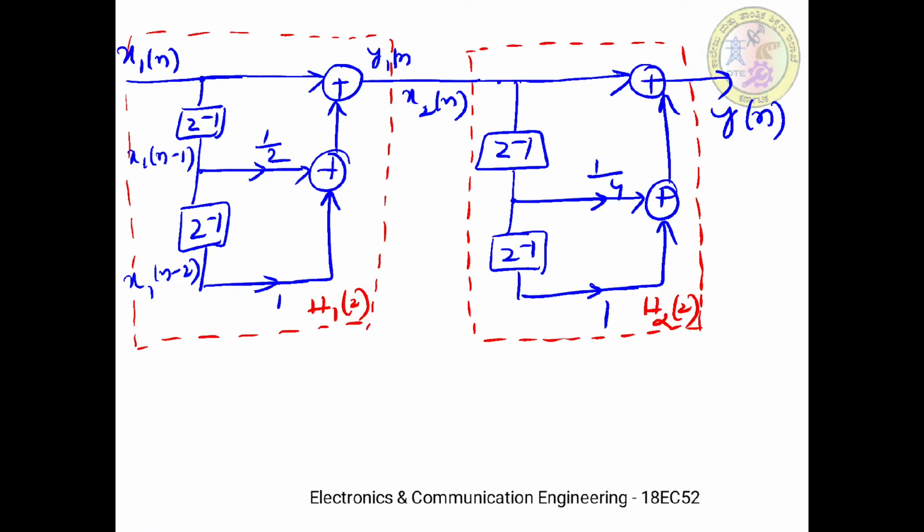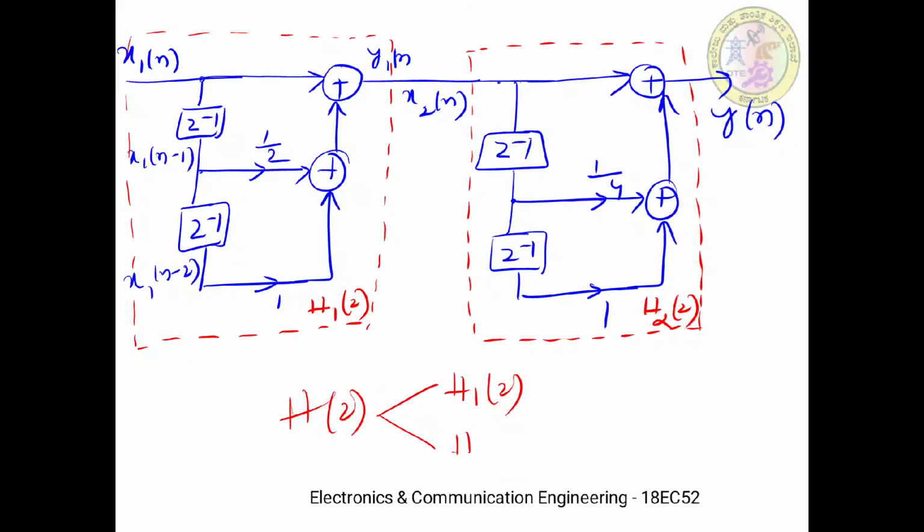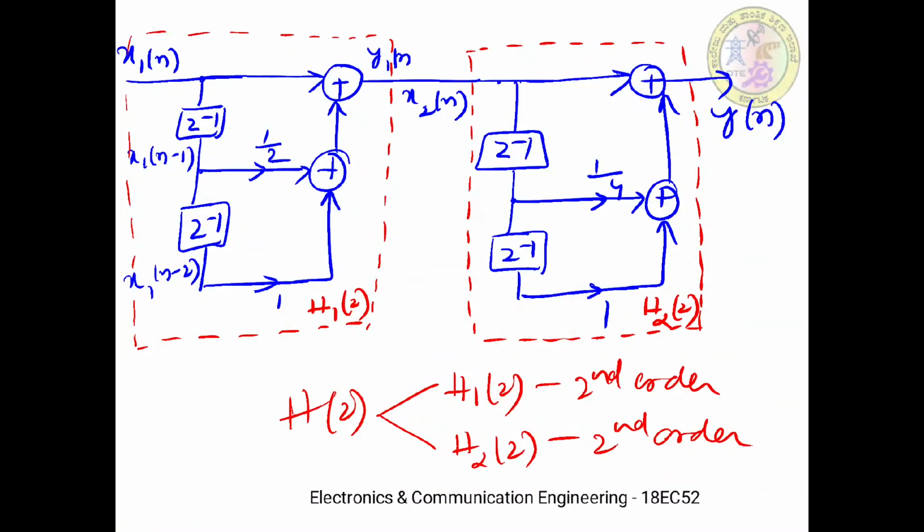So now this itself is the cascade. First of all, h of z is split into two factors, h1 of z and h2 of z. Both are second order factors. So this is second order and this is second order. Why is it possible to split into second order only?